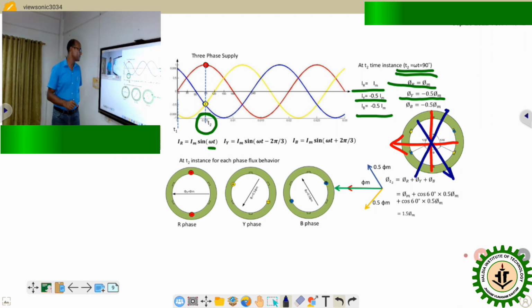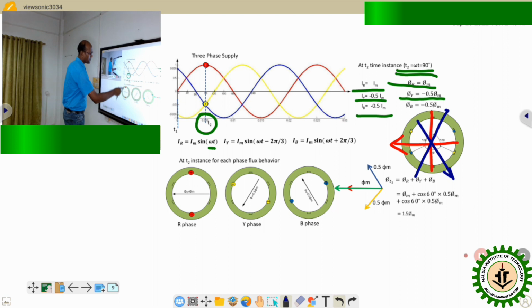Now for this particular instant, we have three different phase currents present, non-zero, and their contributions are there. If we split them step by step, we find that three fluxes are there.